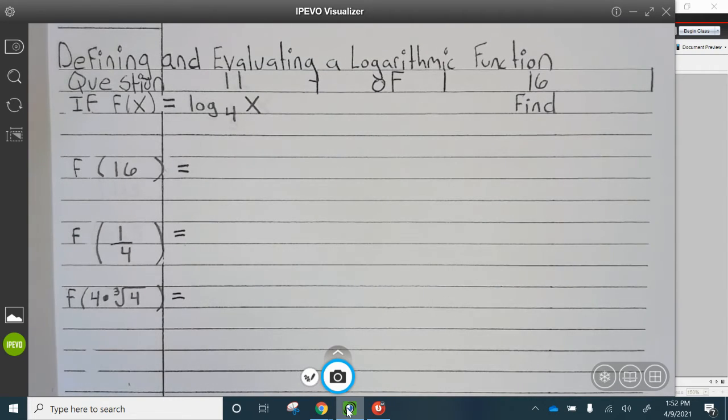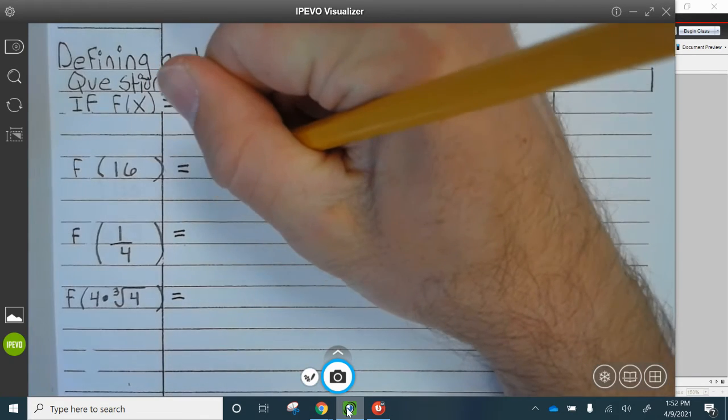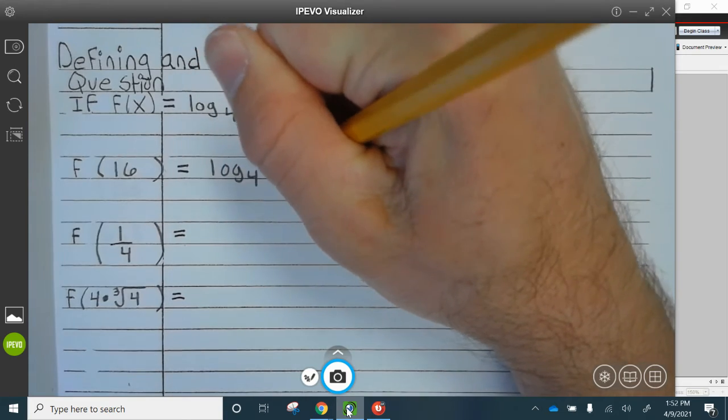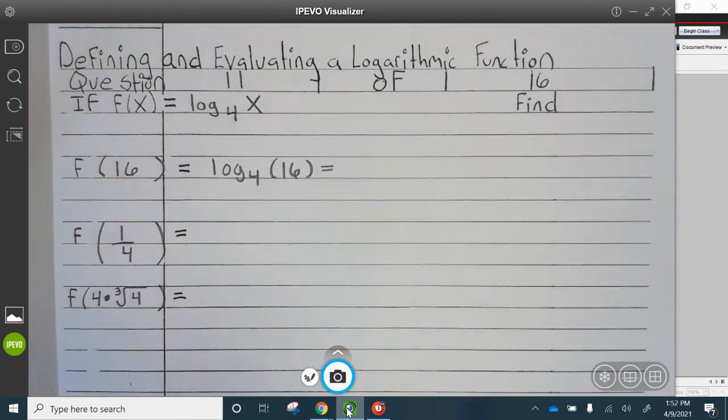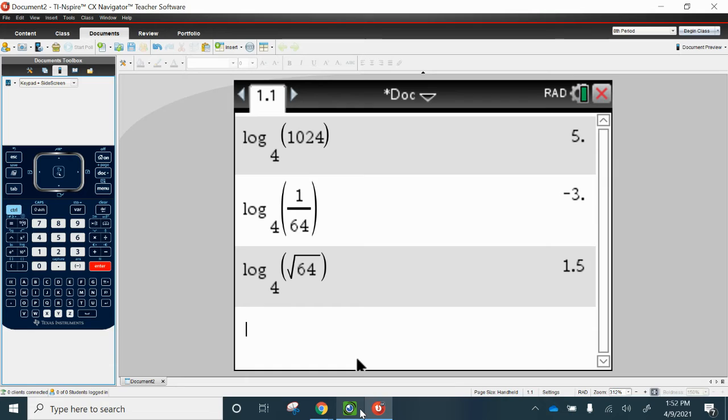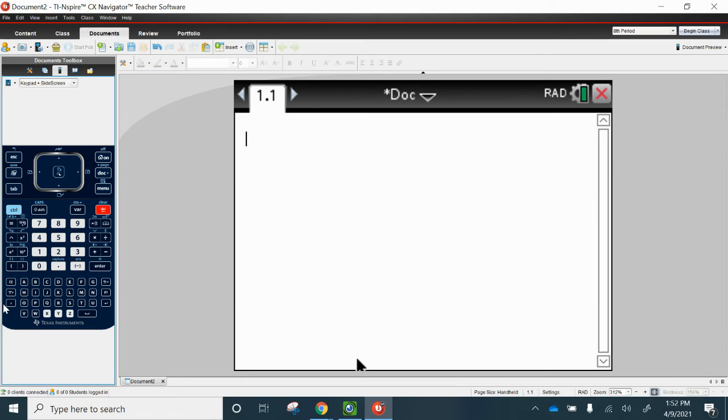All right, question 11 of 16. If f of x equals log base 4 of x, find f of 16. So that's log base 4 of 16. I'm going to delete this because that was a previous problem. So control log base 4 of 16 is 2.